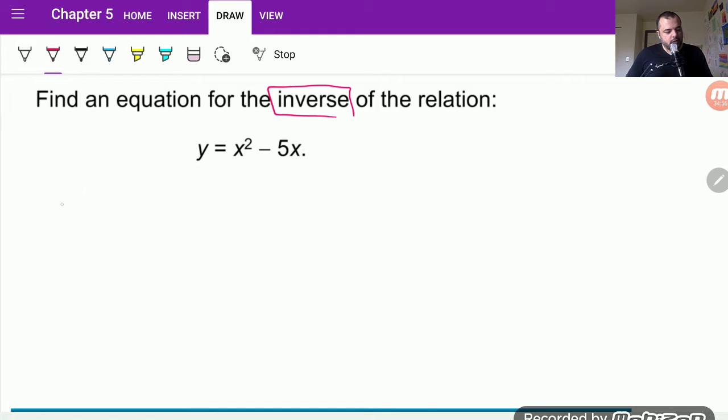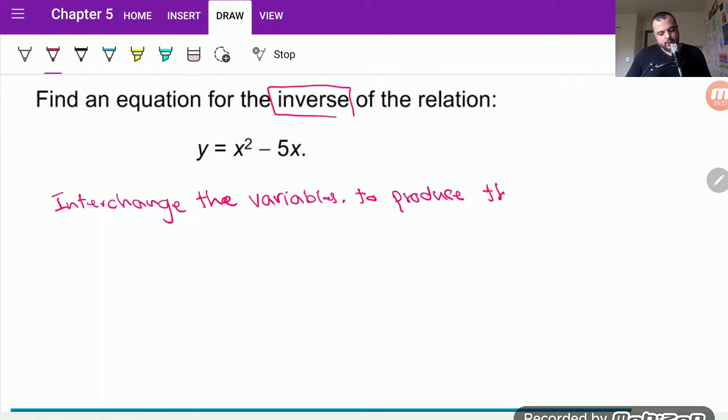I'm going to interchange the variables to produce the inverse relation.